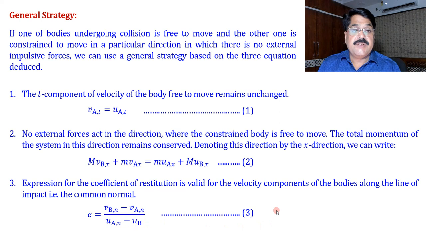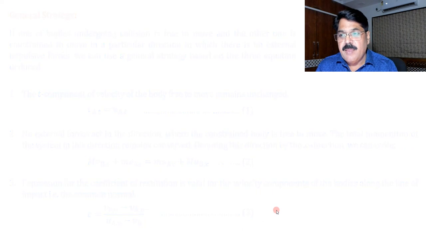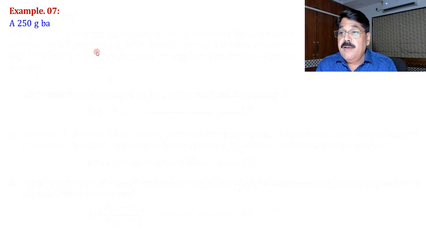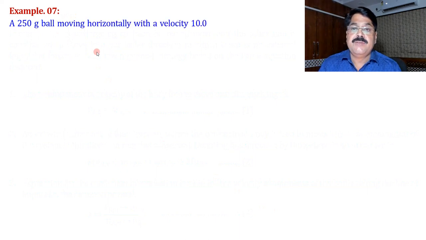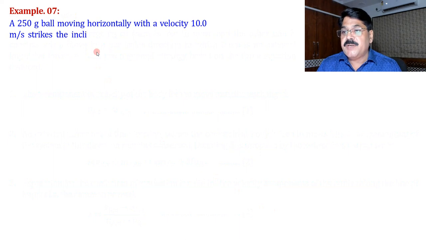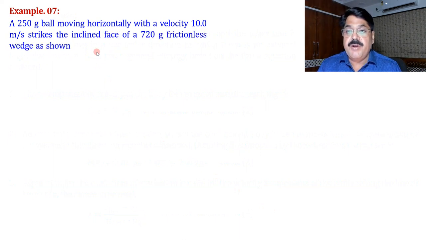Now, after developing this idea, we try to exploit it in analyzing some problem. Example 7. A 250-gram ball moving horizontally with a velocity of 10.0 meter per second strikes an inclined face of a 720-gram frictionless wedge as shown in the figure.